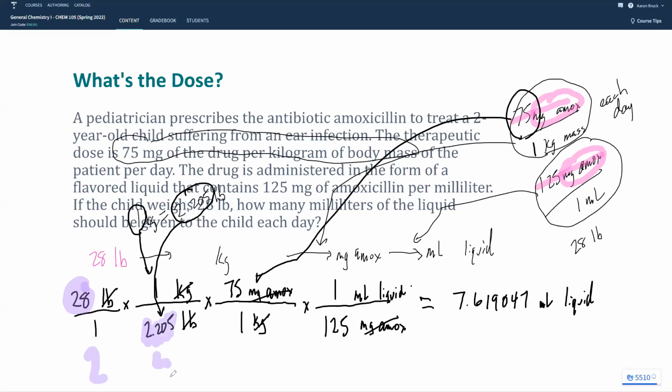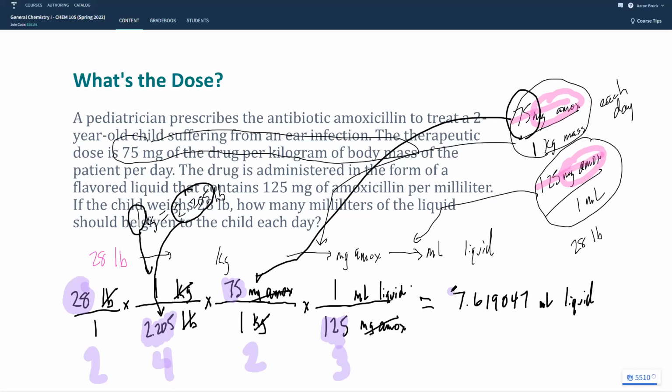I have 4 in that conversion, 2 in this conversion, 3 in that conversion. Remember, when we multiply and divide, it's all about the number of digits, not where the digits are. The fewest digits is what we're going to round to. So I have 2 instances where I only have 2 significant figures. So my final answer is only going to have 2 significant figures as well.